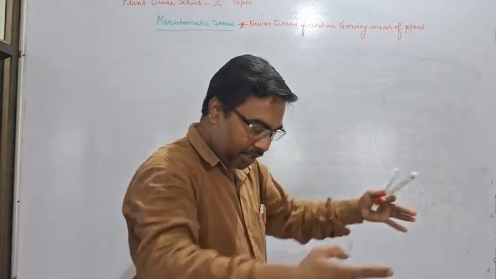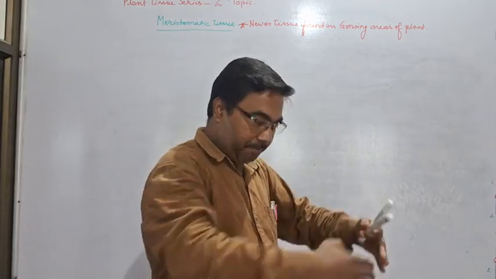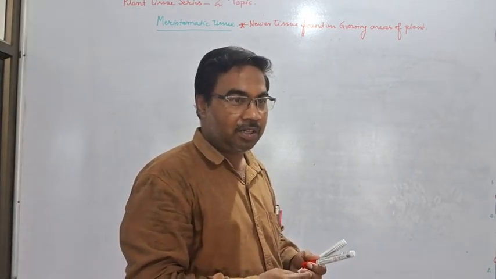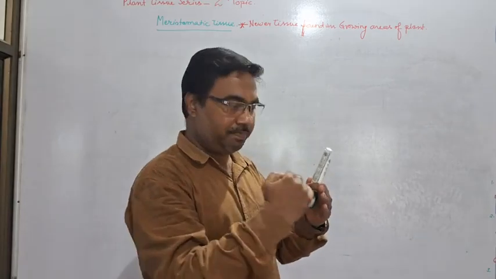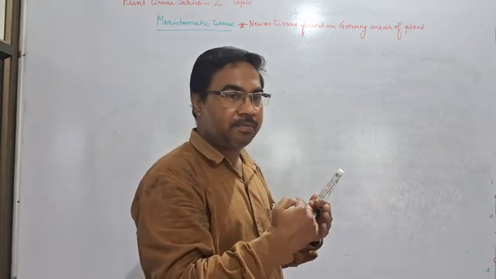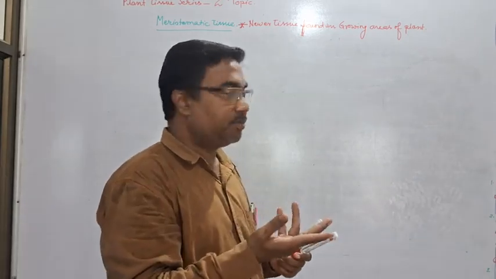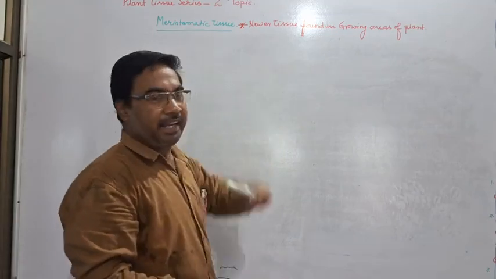Now in the circumferential or peripheral area of the stem, lateral meristematic tissues are found. In the nodal areas, below the nodes, above the nodes, between the two nodes, that means in the internode, intercalary meristem will be found. So these are the growing areas.